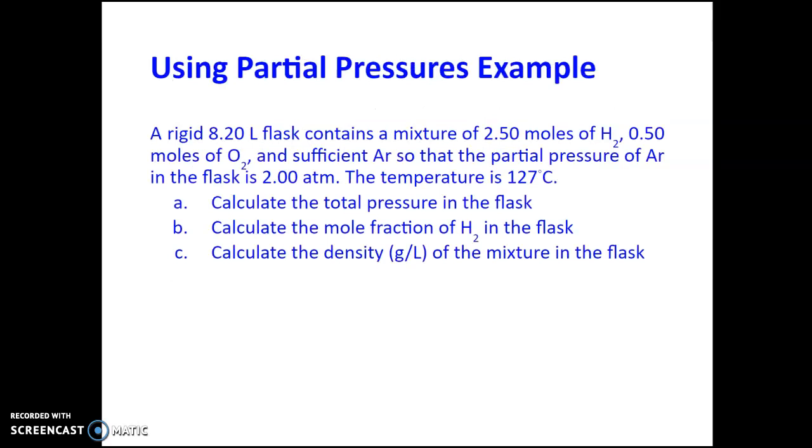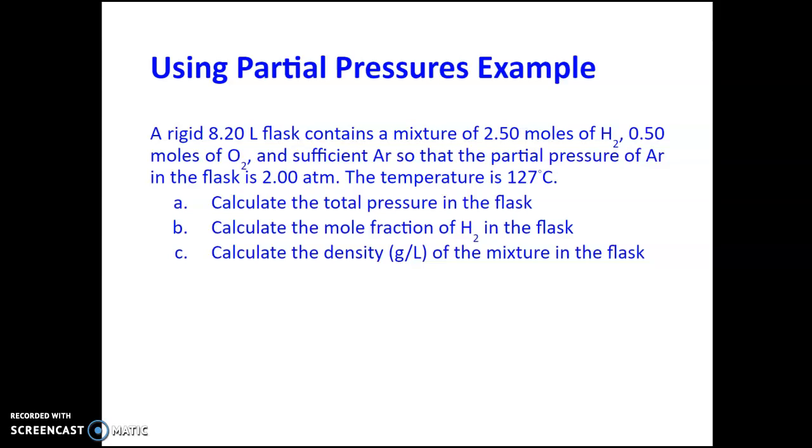Okay, one last example and then we're done. We have a flask. It's got a mixture of gases. It's got 2.5 moles of hydrogen, 0.5 moles of oxygen. It's got argon in there, and we don't know how many moles of argon we have. We just know that the partial pressure of argon is 2 atmospheres, and we know that the temperature is 127.